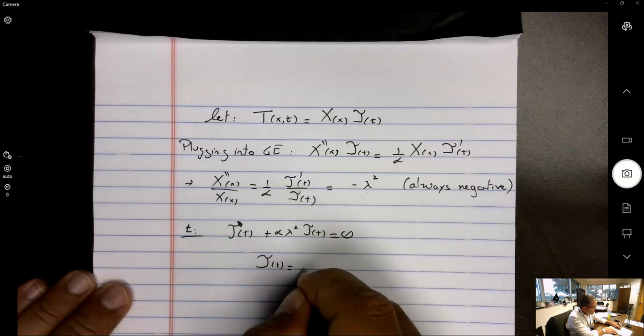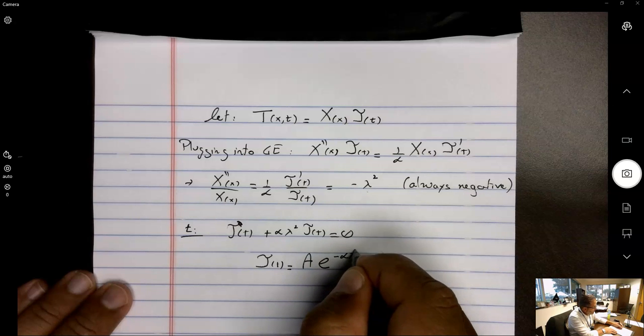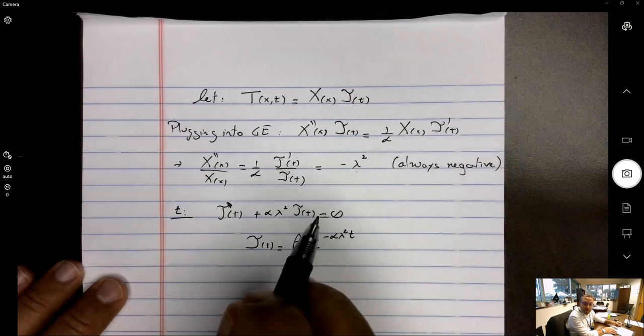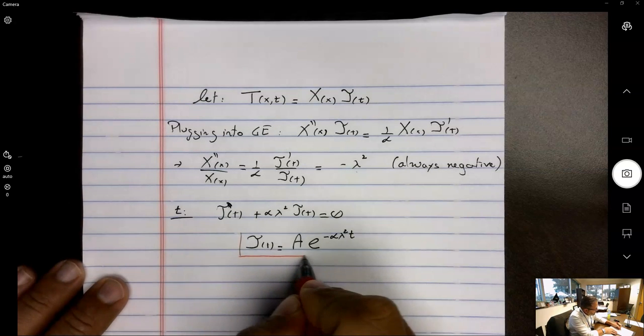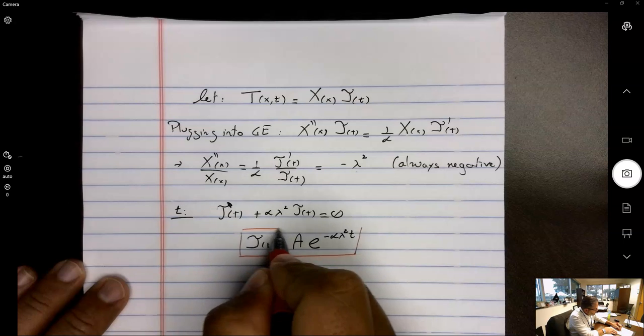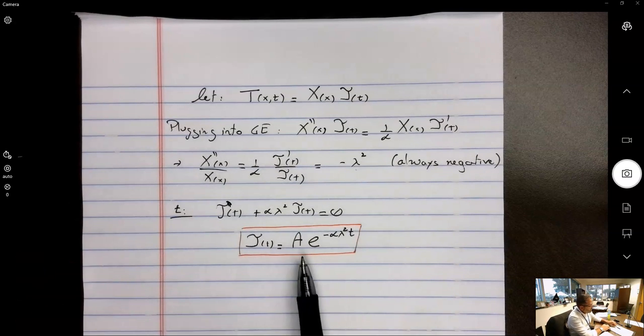Tau of t is equal to a constant of integration times e to the minus alpha lambda squared t. So it's that equation that you can solve by an integrating factor, but it's very simple because the equation is homogeneous, so the right-hand side integral is just a constant of integration. And that's what you end up with. The integrating factor is e to the minus alpha lambda squared t.